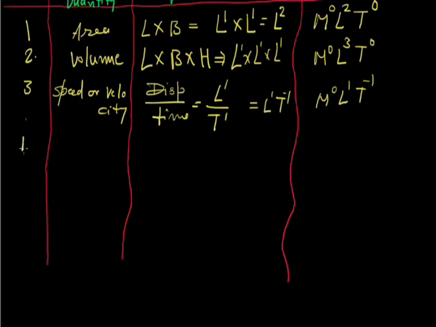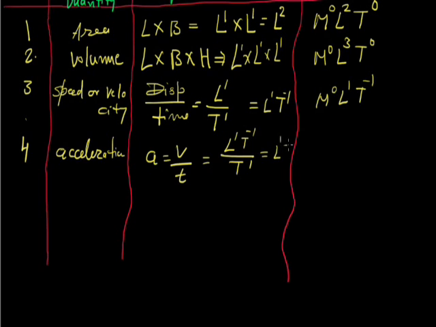Fourth is acceleration. Acceleration is equal to velocity upon time. The dimensional formula of velocity is L1 T minus 1, upon time T1, and it is equal to L1 T minus 2.